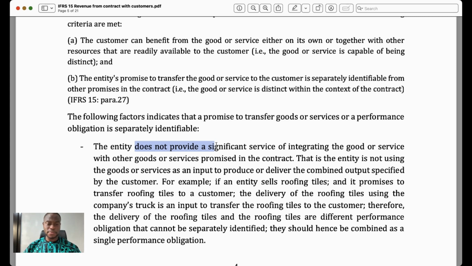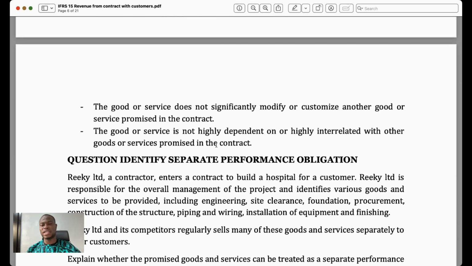It's separate. And also, the good or service does not significantly modify or customize another good or service promised in the contract. Okay, it doesn't modify another, and also it is not highly dependent on another. So that's what I mean by separately identifiable.